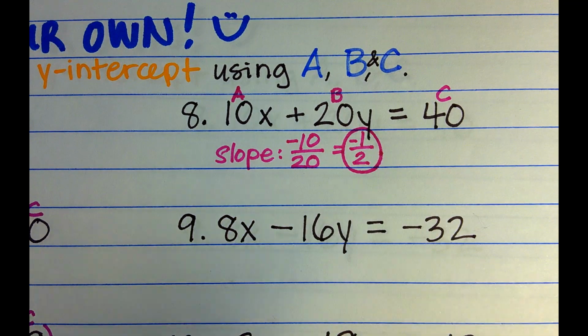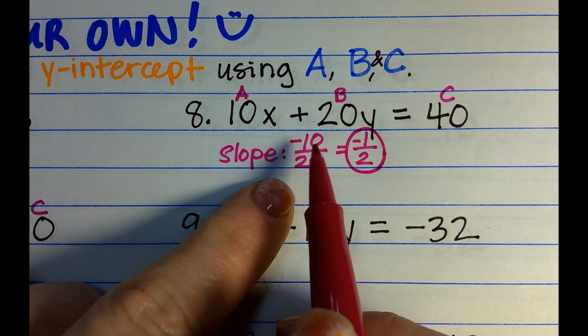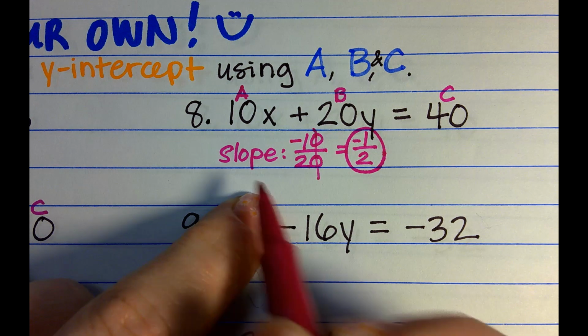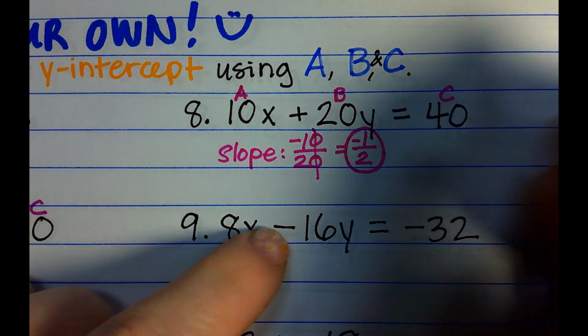Perfect. And a trick for simplifying fractions: if the numbers both end in 0, you can just cross the zeros out. 1 over 2. Neat little trick. That'll work with any number.